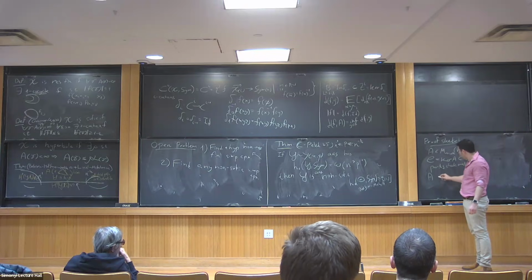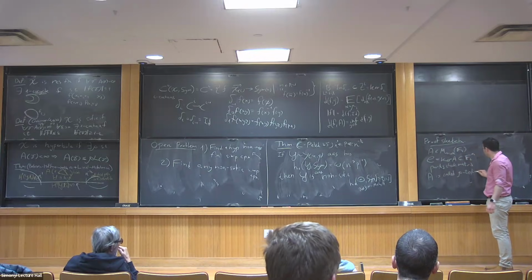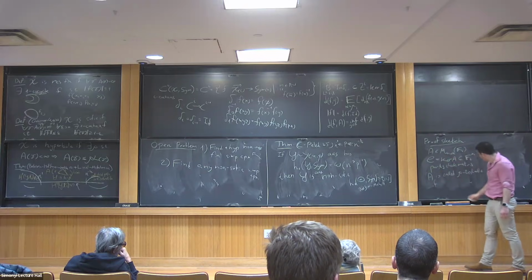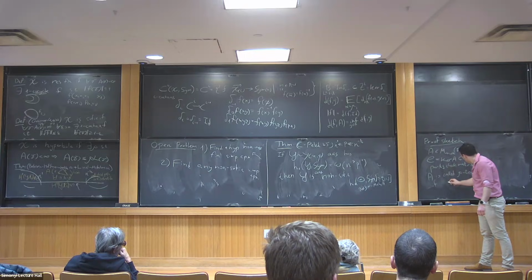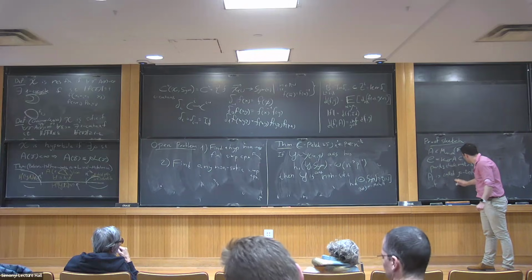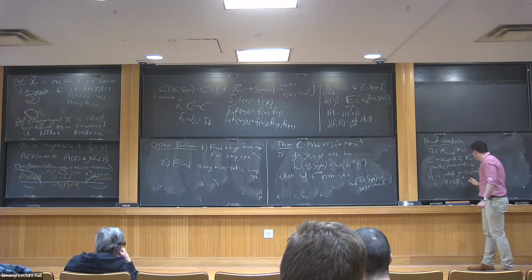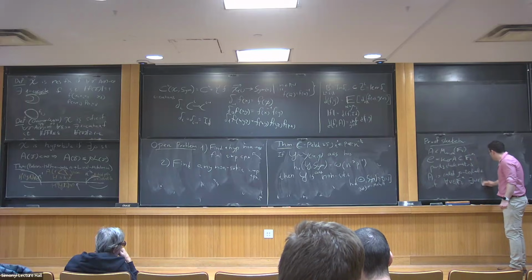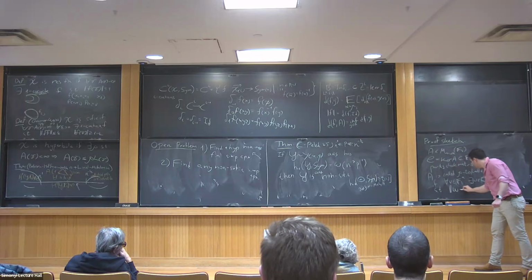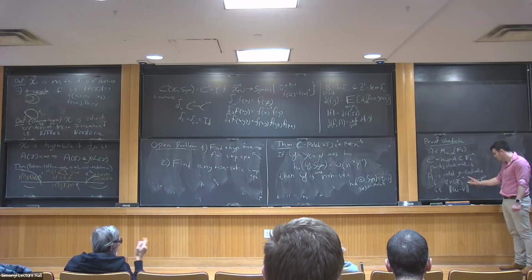So A is called row testable if for every v in F_2^n there exists a w in the code such that the distance between w and v, and this is the normalized Hamming distance, is at most rho times the norm of A times v.